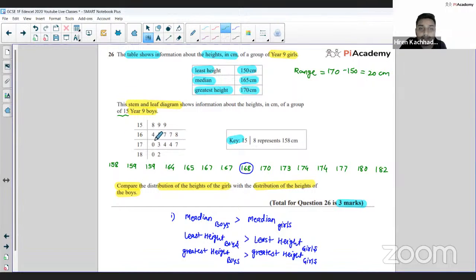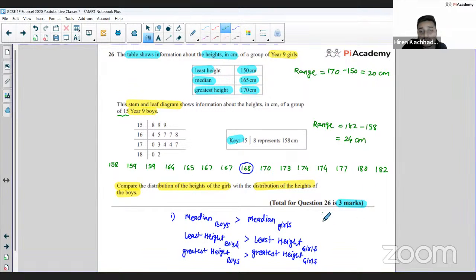Now if you find the range for the boys, then this range for boys is going to be how much? This one is 182 minus 158, right? So if we find the difference between them, 158 plus 2 is 160, and then 20 if we add, then 180, then 2 more, so basically it's 24 centimeter.